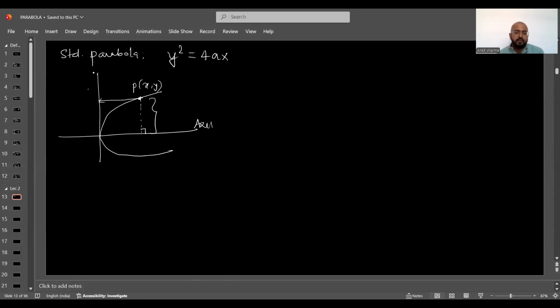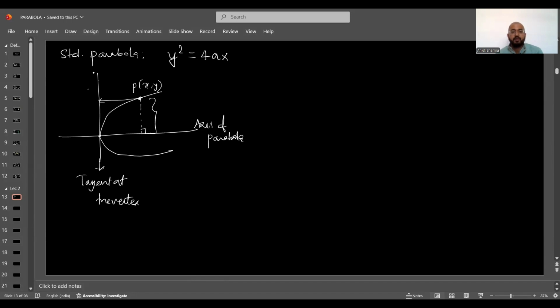But still, from the knowledge of calculus also, you can say this is the tangent at the vertex, because this is a 2-degree curve and there is a line here which is touching at only one point. This is my tangent at the vertex, and this is my axis of parabola.